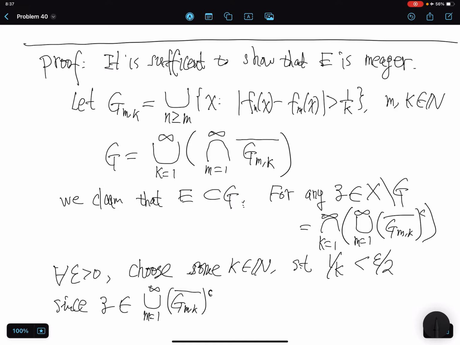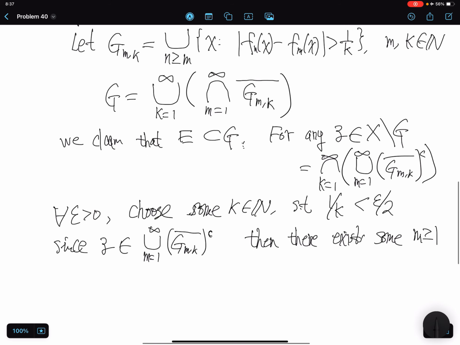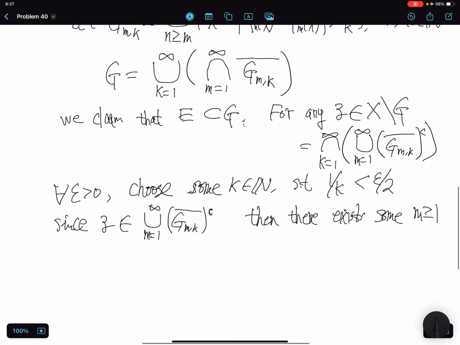So there exists some M greater or equal than 1, because z is in the union of these.